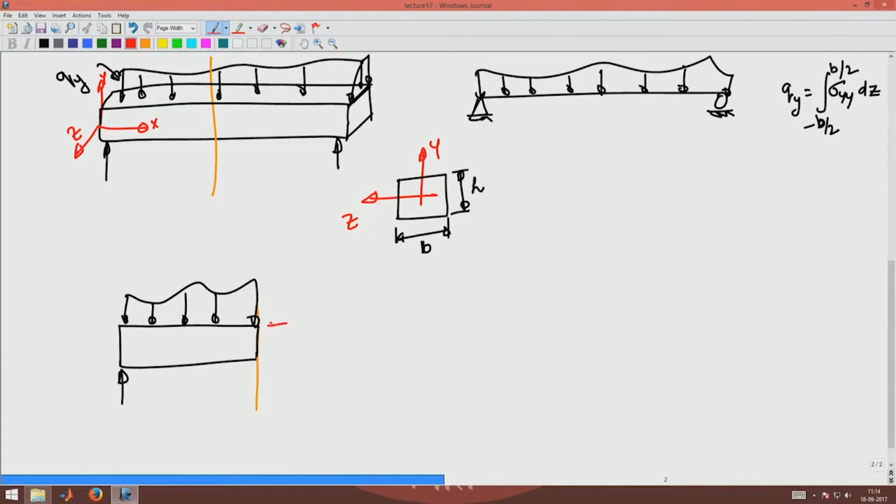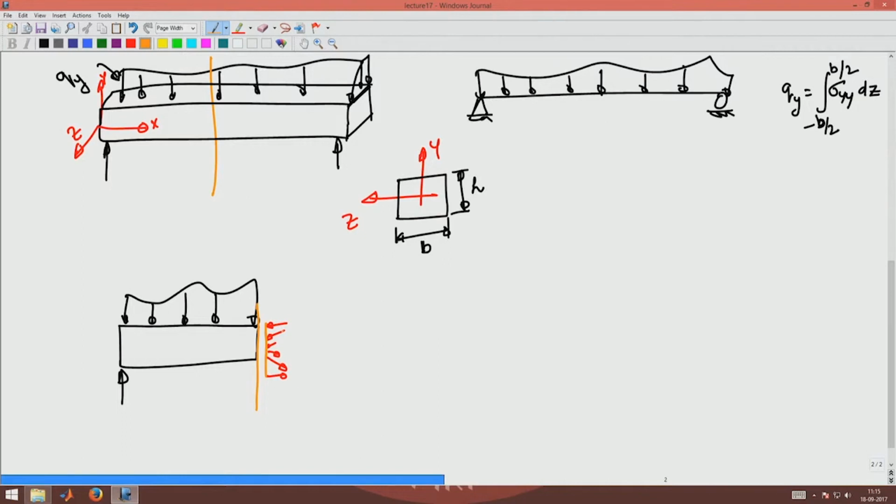For example, here it might be like this, with an angle like that, with the magnitude much smaller, and then it can change direction from there to something like this, and finally it can have an orientation like this. So, the traction we will see changes like this across the depth y of the cross section.